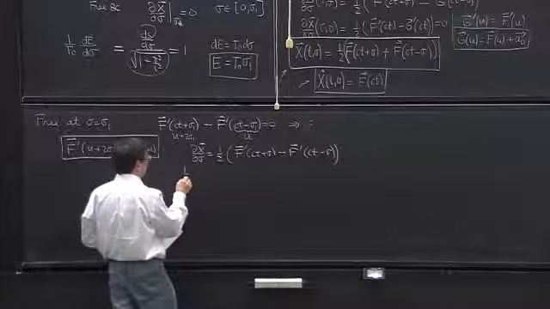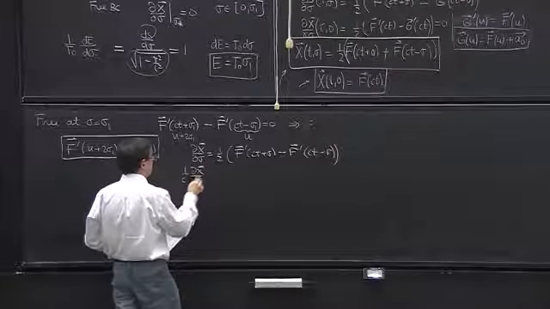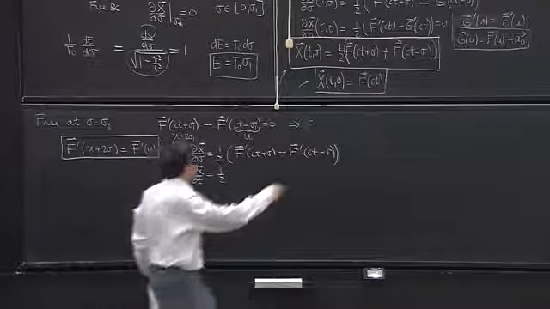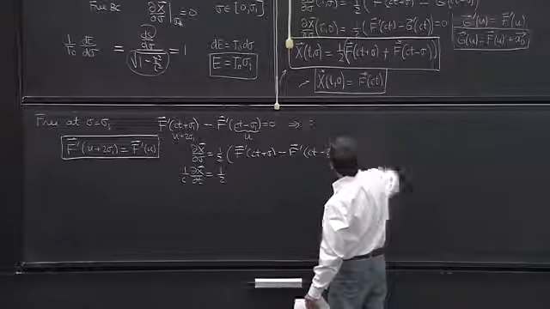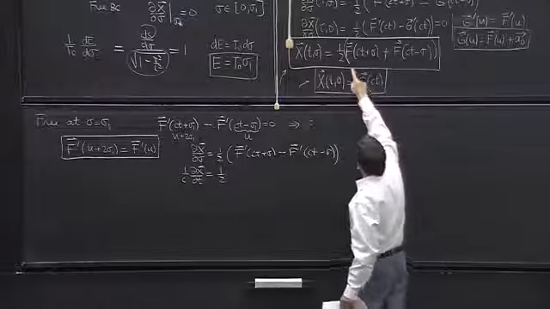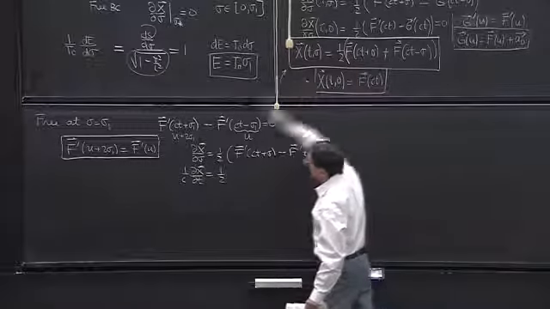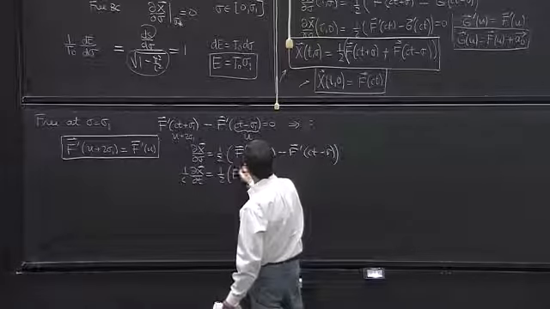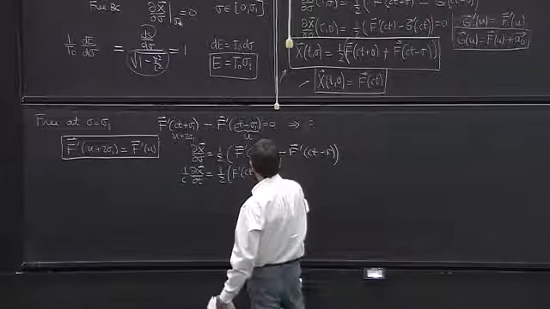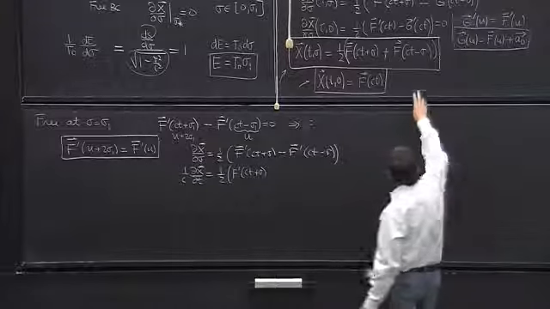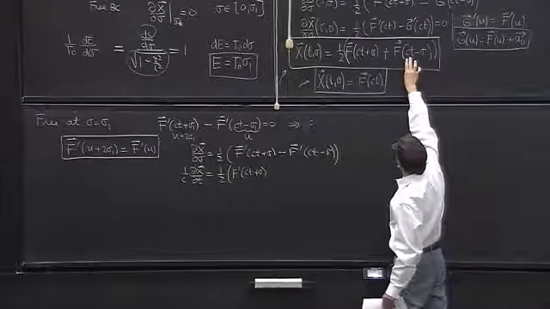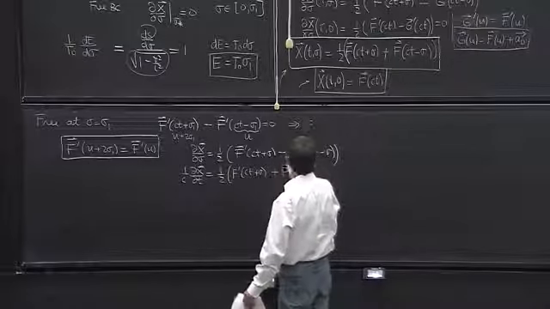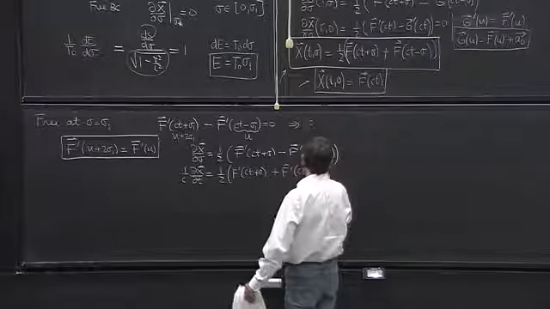And what is 1 over c dx dt? That's 1/2. Look, if you differentiate with respect to t, you get f prime of these things times c. That's why I put the c here. So you get here f prime of ct plus sigma. And now you don't get a minus sign because you're differentiating with respect to t. So you get plus f prime of ct minus sigma.